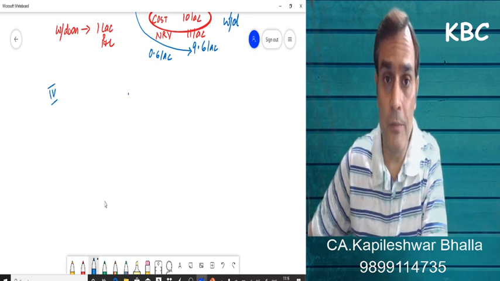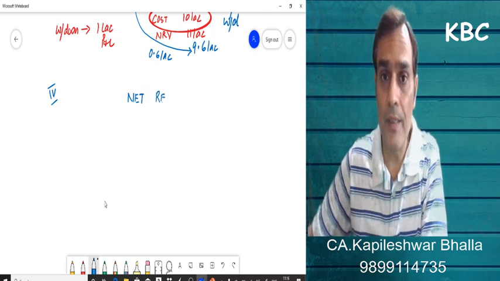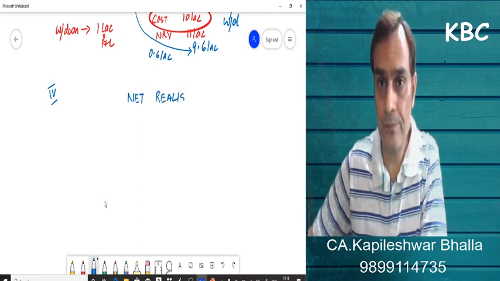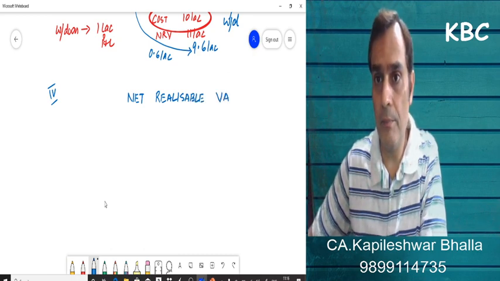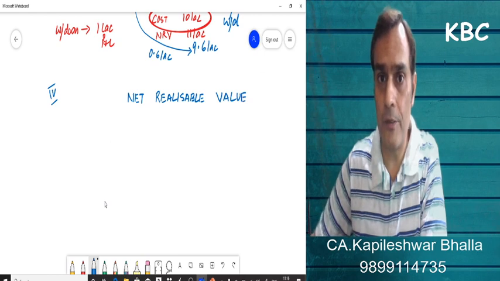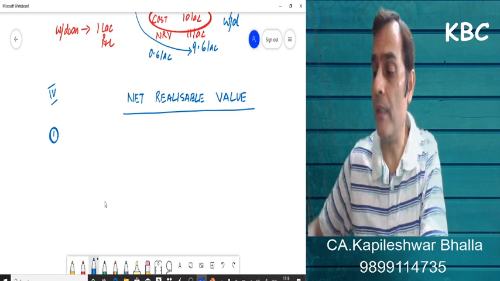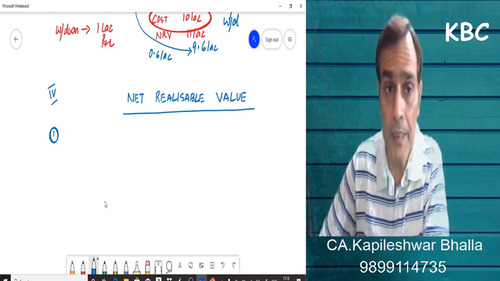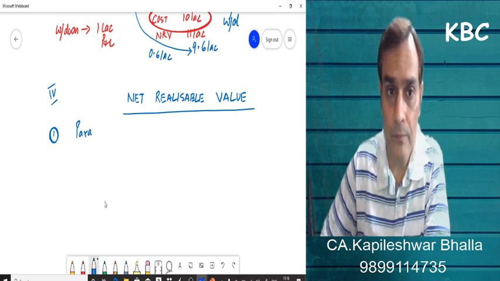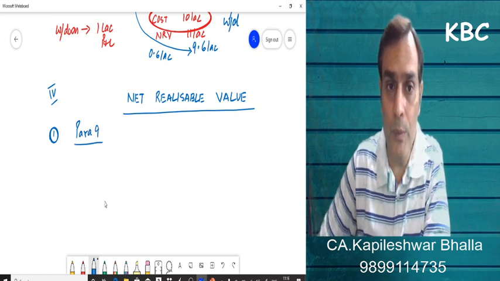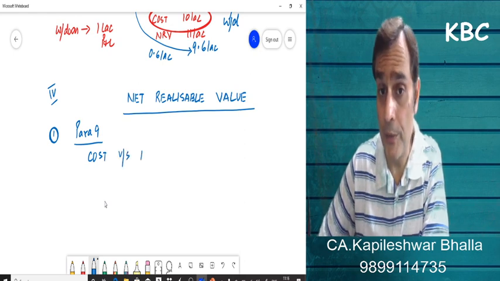In my section number 4, I am discussing the concept of net realizable value. Now there are certain key things to be kept in mind. Number one, when we apply para number 9 and we compare the cost versus NRV, which I didn't tell you earlier.